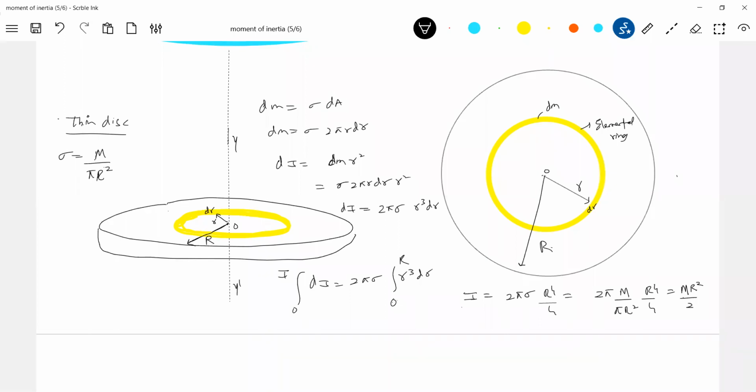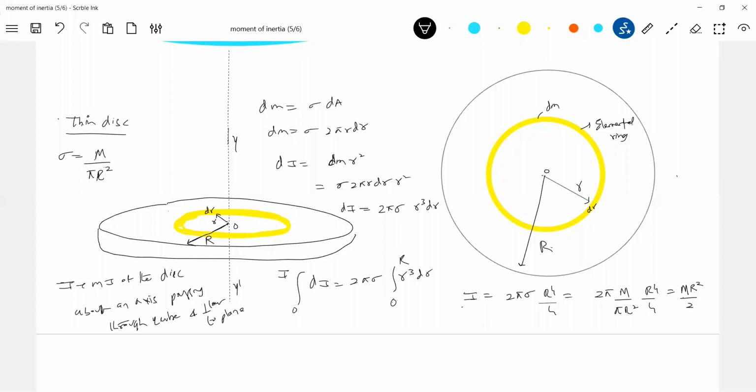So what is this? Moment of inertia of this about an axis passing through center and perpendicular to plane.